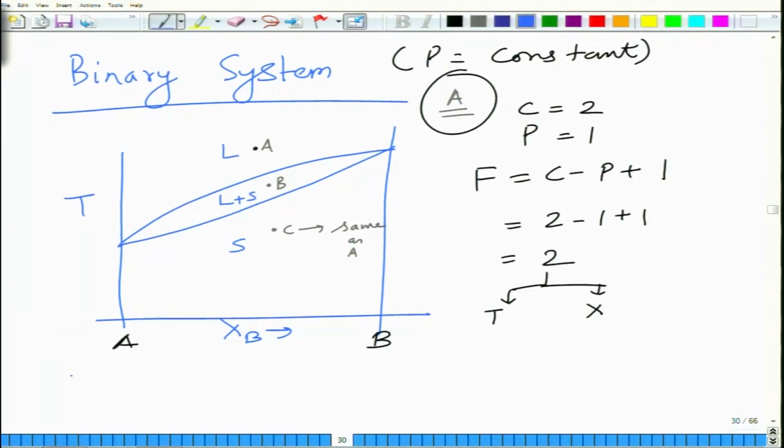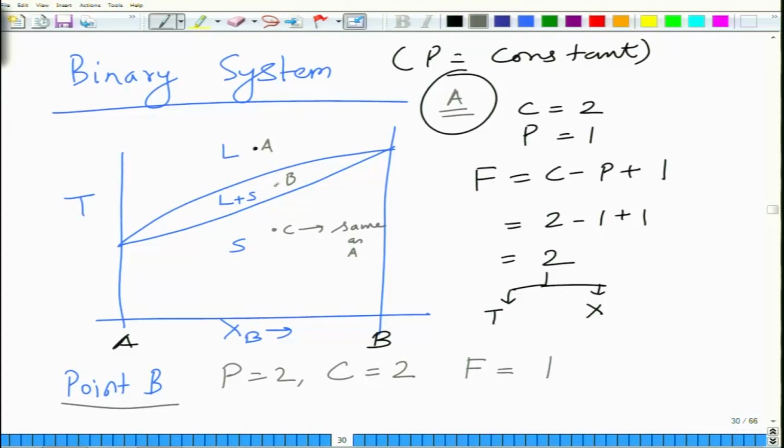For point B, let us say it is point B. So at point B, what we have is 2 phases. So P is equal to 2, C is anyway equal to 2. So in this case F is equal to 1, which means only one parameter can be varied independently. So you can vary either temperature or pressure independently.